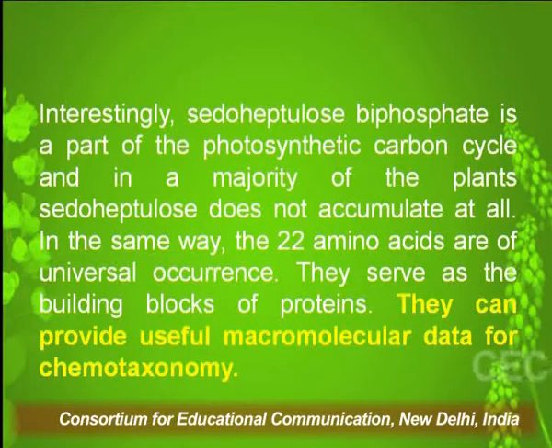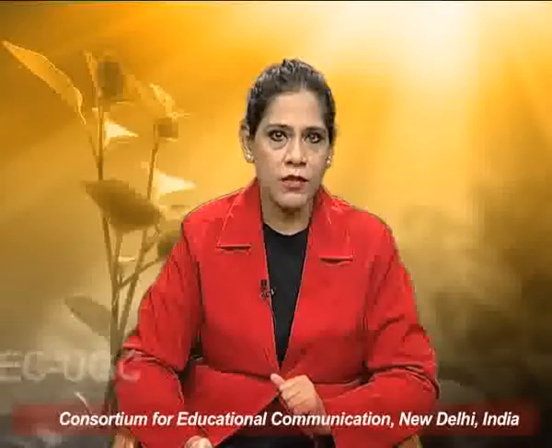Interestingly, pseudoheptulose biphosphate is a part of the photosynthetic carbon cycle, and in the majority of plants, pseudoheptulose does not accumulate at all. In the same way, the 22 amino acids are of universal occurrence. They also serve as building blocks of proteins, so they can also provide useful molecular data for chemotaxonomy.